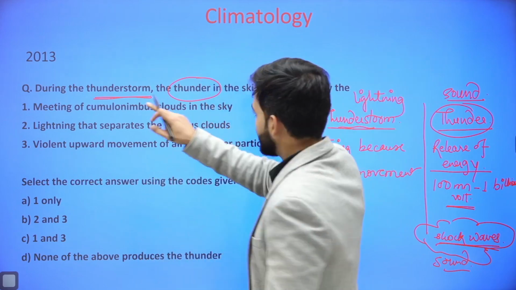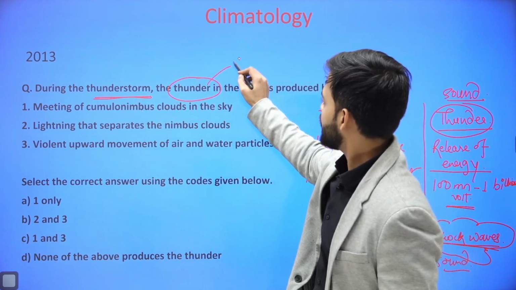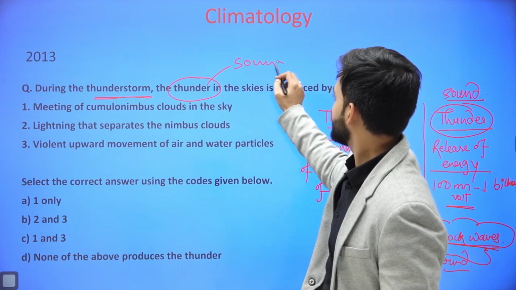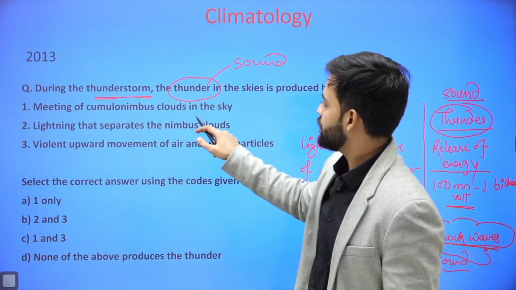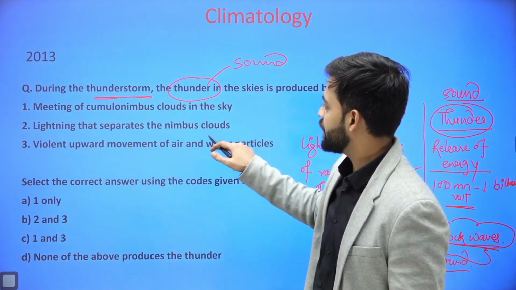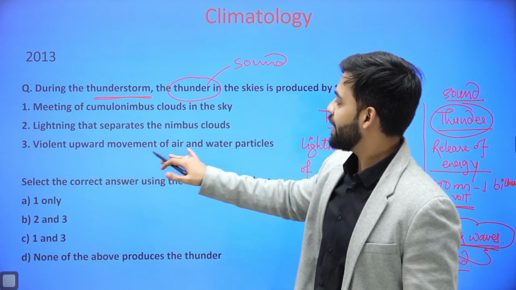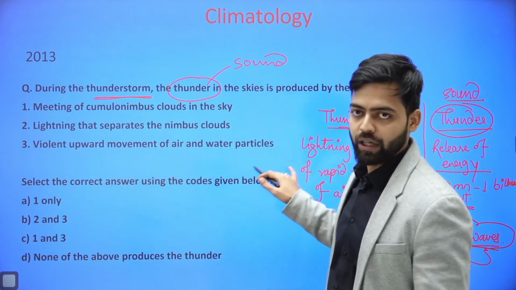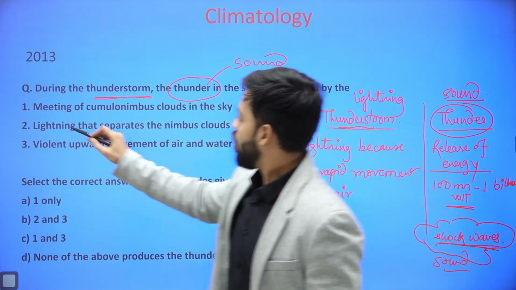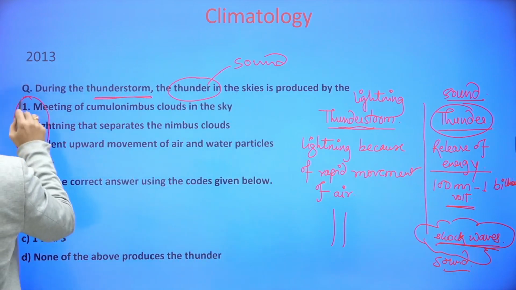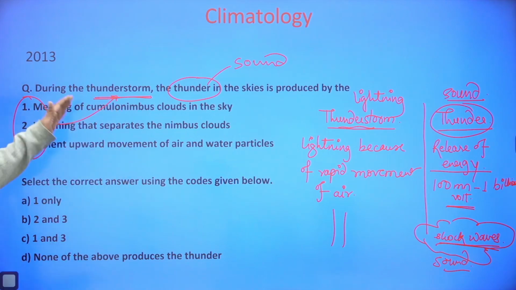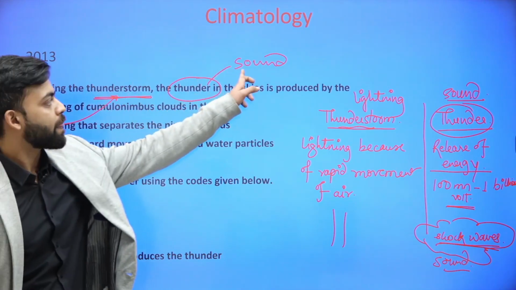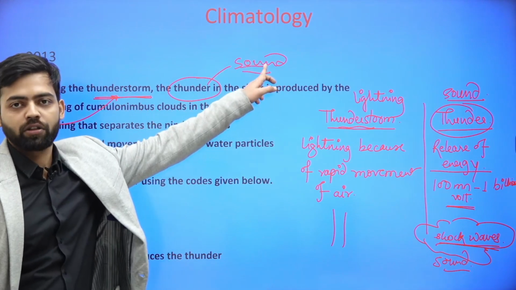So during thunderstorm, the thunder or sound in the skies is produced by the meeting of cumulonimbus clouds in the sky, lightning that separates the nimbus clouds, or violent upward movement of air and water particles. All this phenomena gives rise to thunderstorm. So none of them explains the cause of thunder or sound.